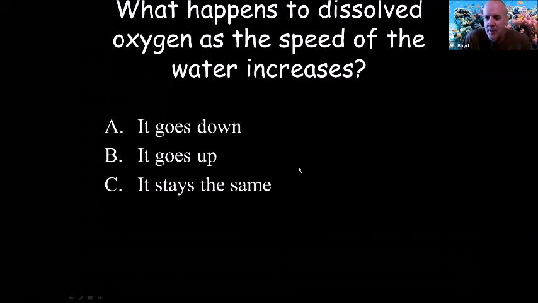Okay, so the faster the water, as the speed increases, the dissolved oxygen increases. Just think about the bubbles getting mixed in the water.